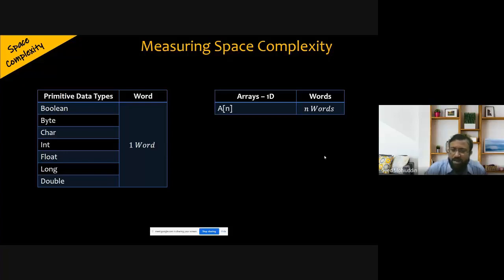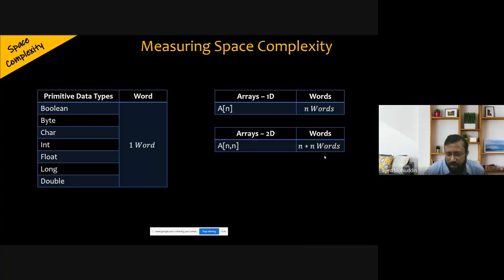Then if there are n elements in the array, it will occupy space for n words. In the same way, a two-dimensional array is n by n, so the number of elements will be n into n words. That is the amount of memory that will be consumed.